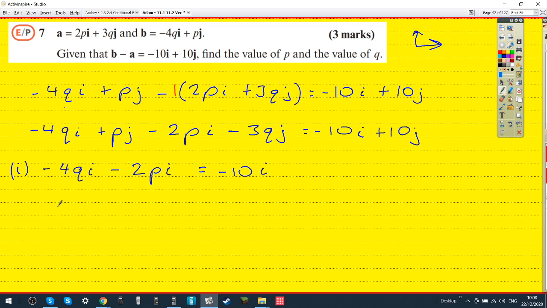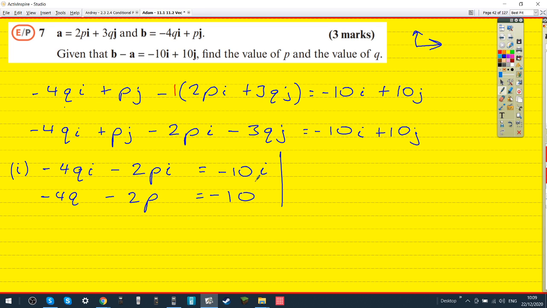So it gives you -4q -2p equals -10. And then do we solve? One equation with 2 unknowns can't be solved. You need 2 equations with 2 unknowns.